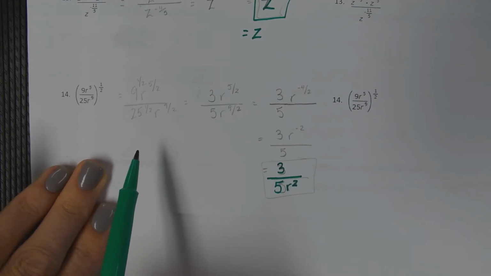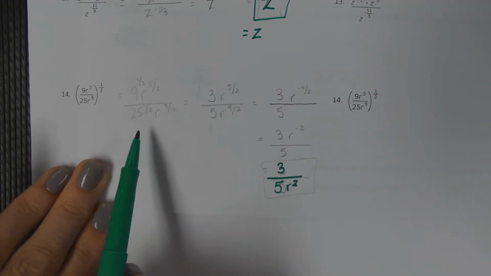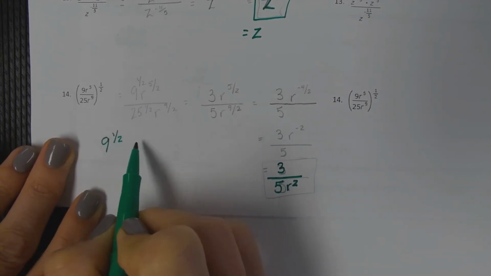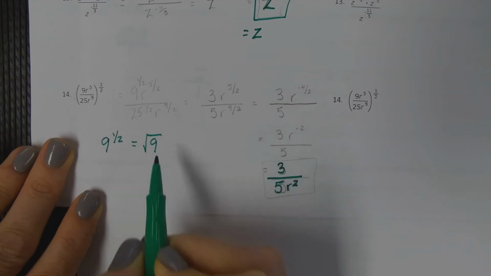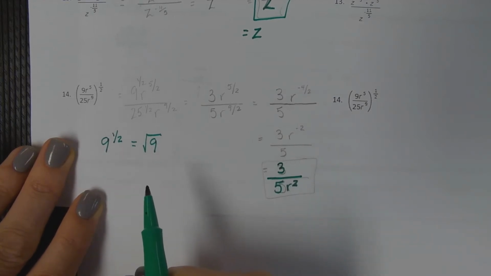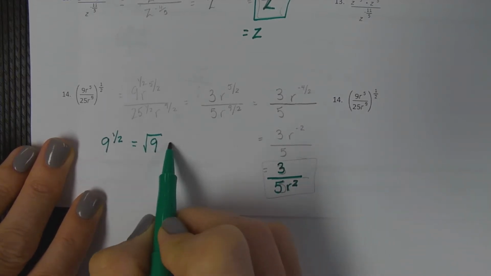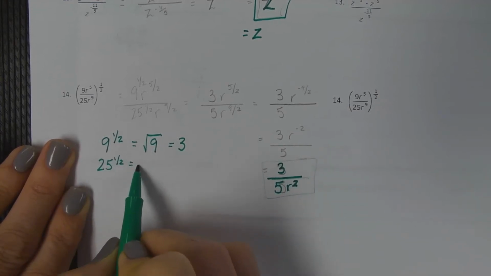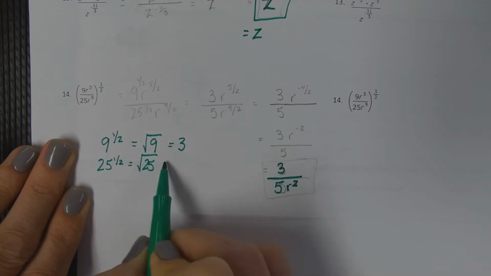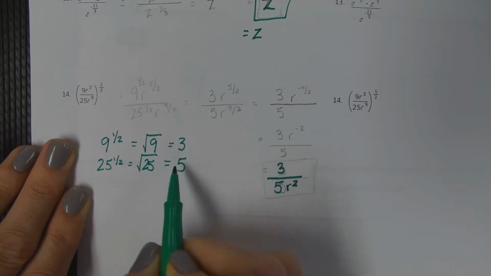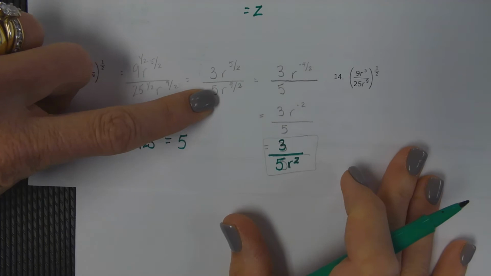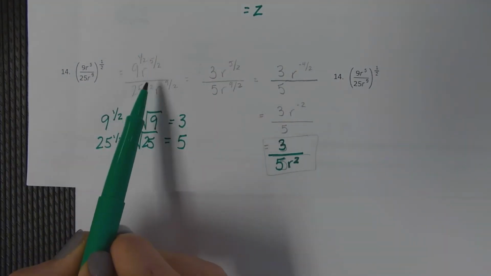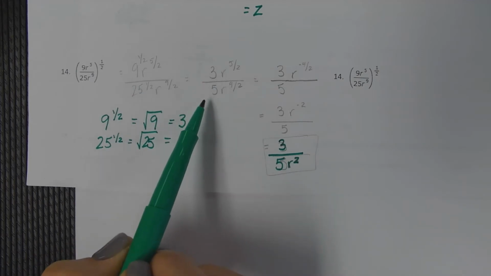So whenever we square root it. Just a refresher from yesterday, remember 9 to the 1/2 is the same thing as the square root of 9. You remember that? And the square root of 9 is what? 3. So 25 to the 1/2 is the same thing as the square root of 25, which we know to be 5. Okay, that's where the 3 and the 5 goes. So those fractions, the exponents for those are gone.